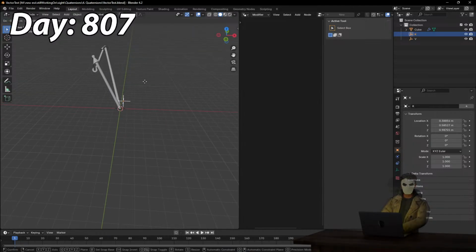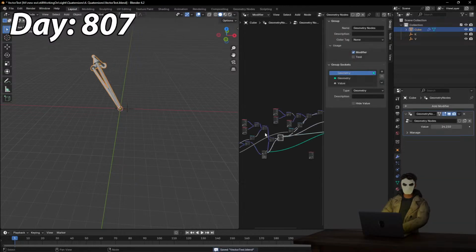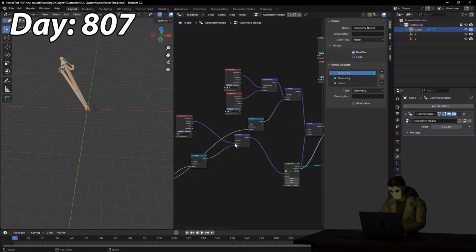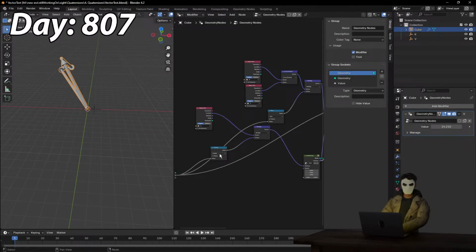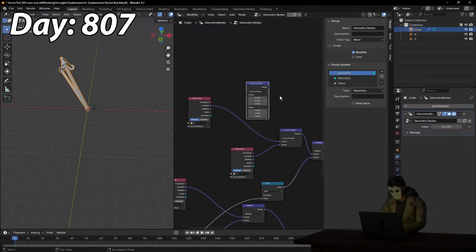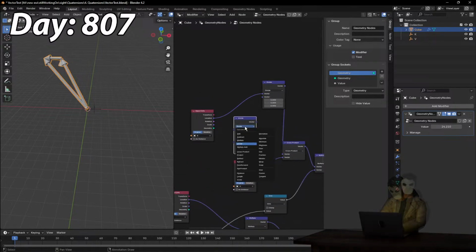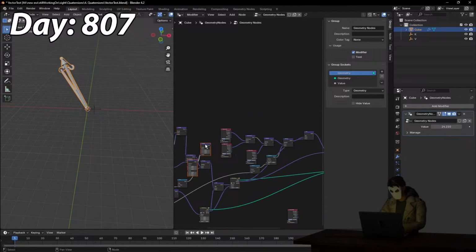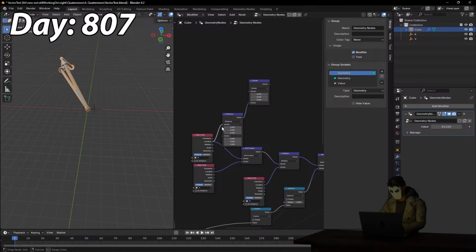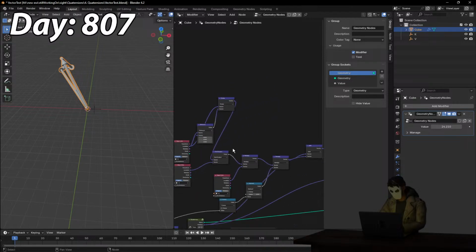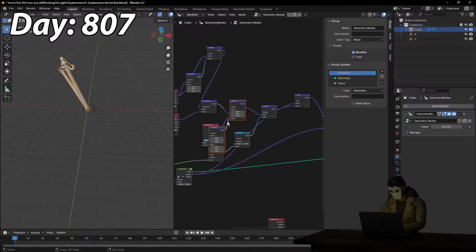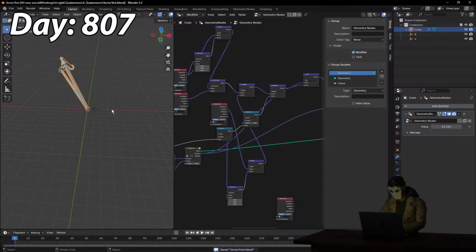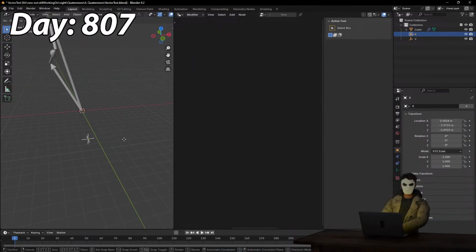Keep in mind these should be unit vectors, so to keep it cleaner, we should take the k and divide it by the distance. That way it's a unit vector.